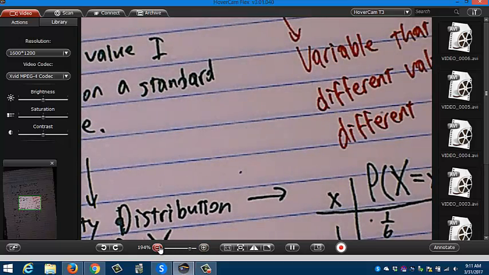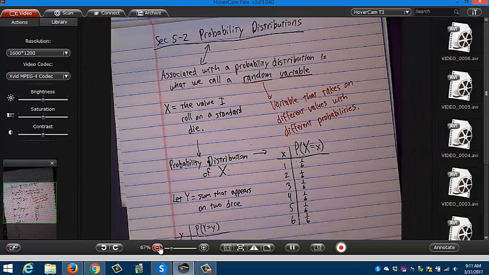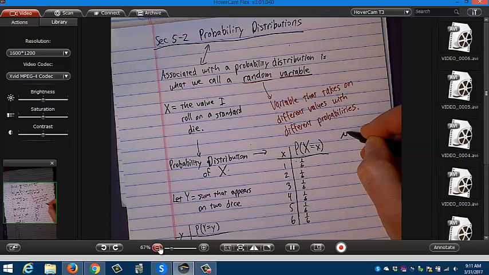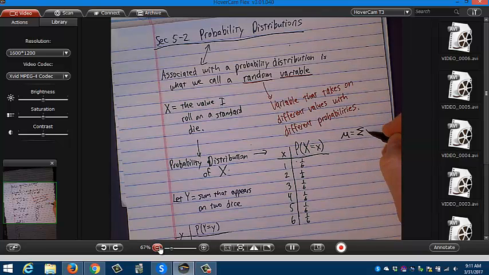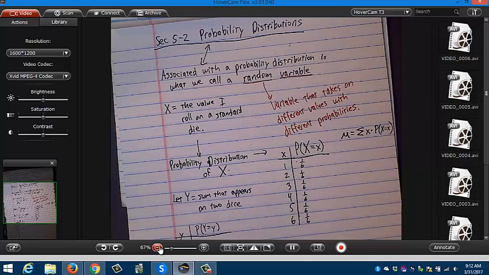The formula that I want to use is this one. Mu equals, we have to add up the x's times the probability that X equals x. That's the formula.